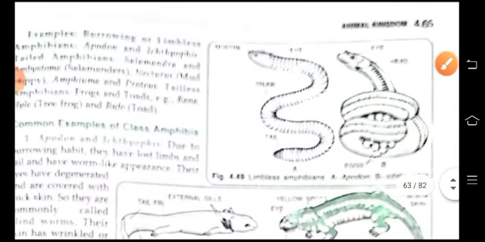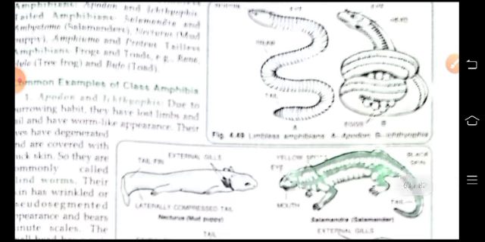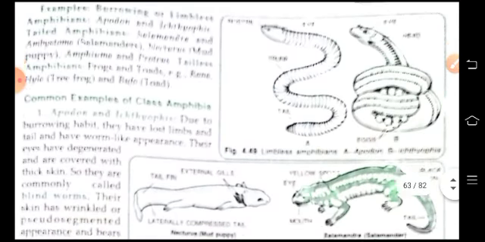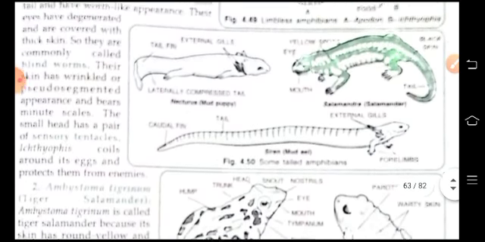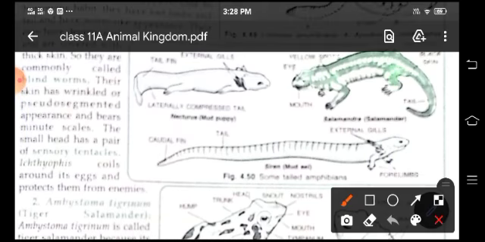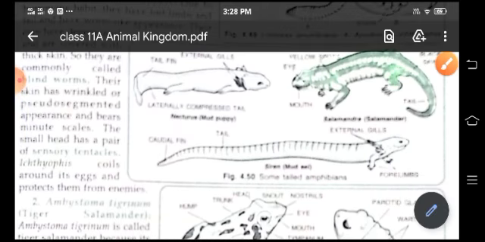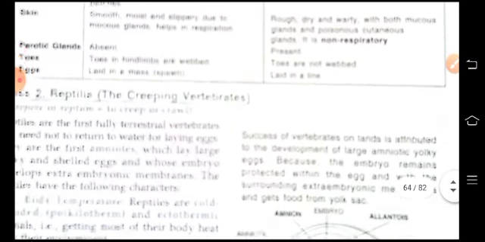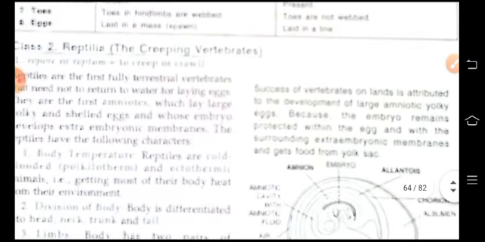Now these are the examples of amphibians. Salamander, then frog, toad. Now next is class Reptilia or the creeping vertebrates.